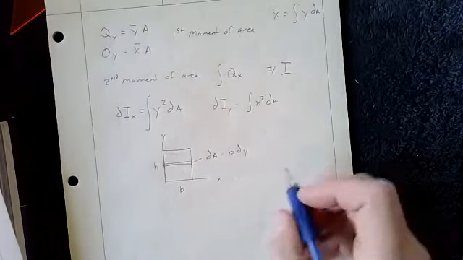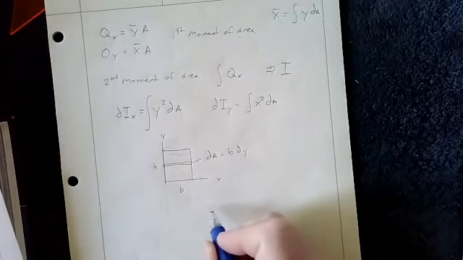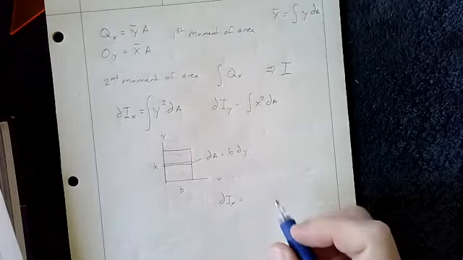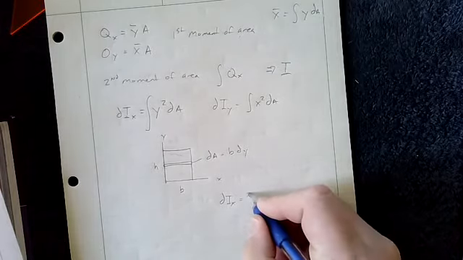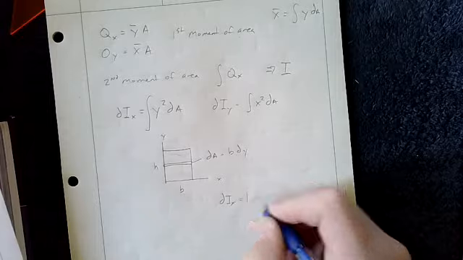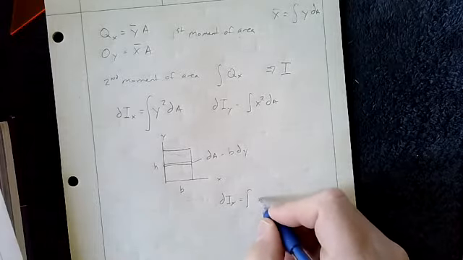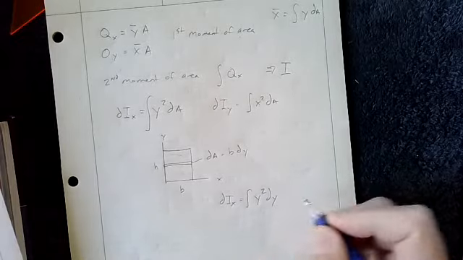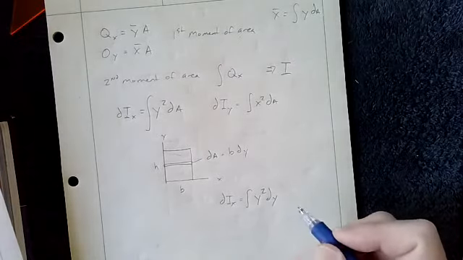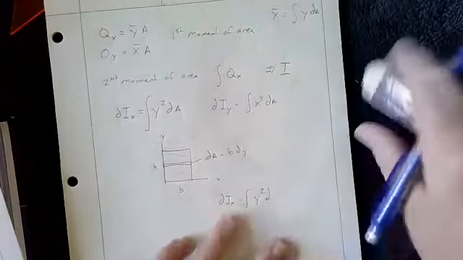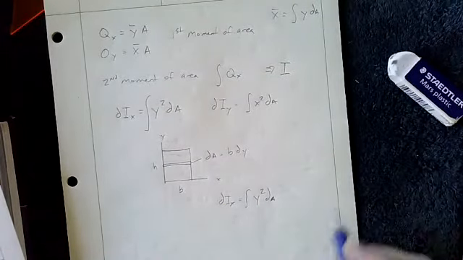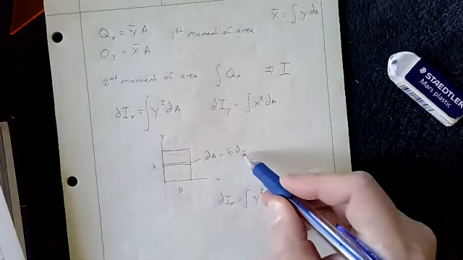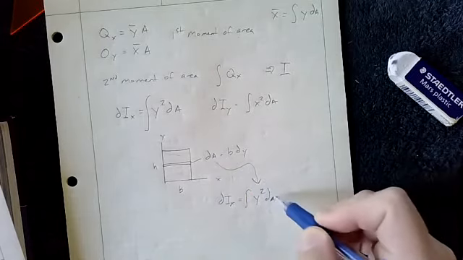So knowing that dA equals b dy, and knowing that dIx equals the integral of y squared dA, what we can do is take this relationship and substitute it in down here for dA.